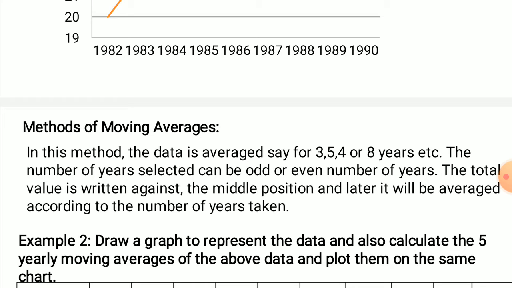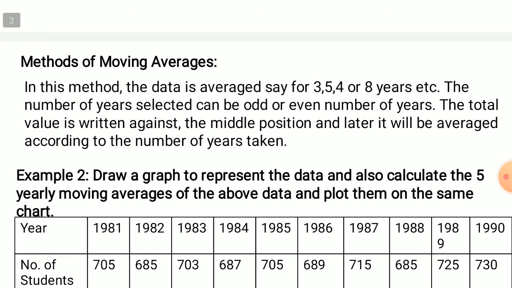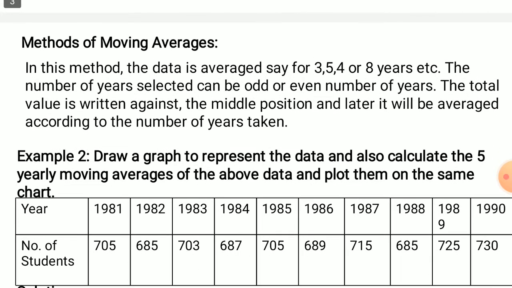So in this method the data is averaged, say 3, 5, 4, or 8 years, etc. The number of years selected can be odd or even, and the total value is written against the middle position, and later it will be averaged according to the number of years taken.